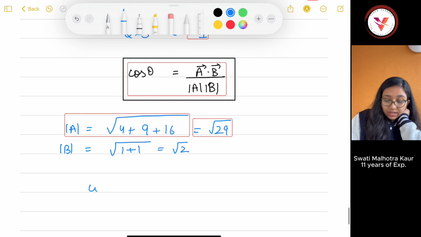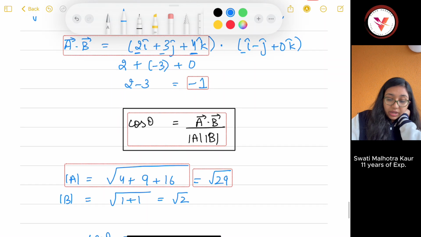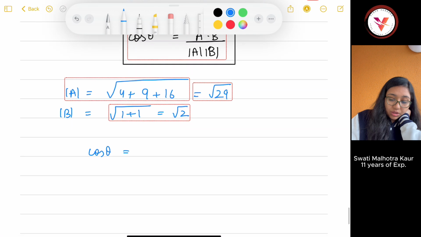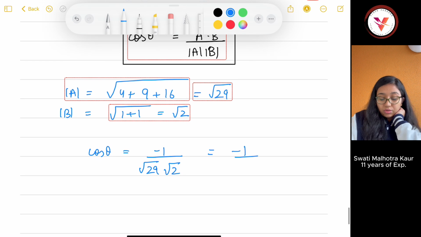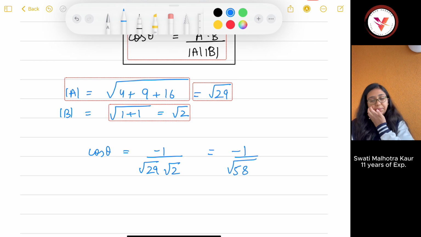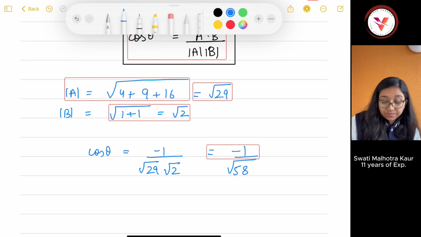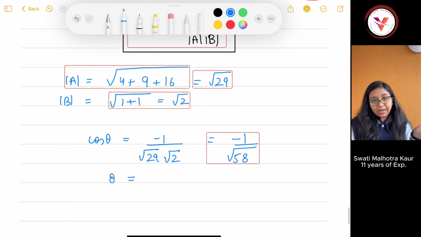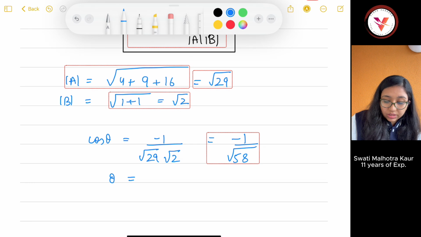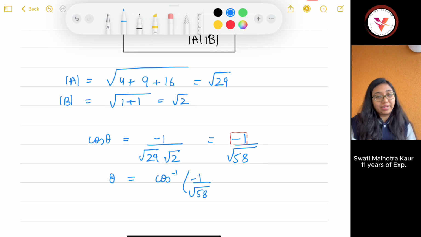So cos theta is A dot B, which is minus 1, over root 29 times root 2, so minus 1 over root 58. It comes out to be a different number, but it is like this only. So the angle is cos inverse of minus 1 by root 58. That is the angle between these two vectors.